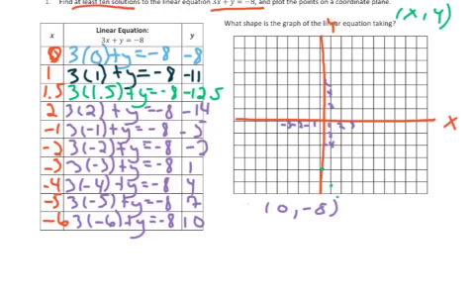2, negative 14 is way off my grid, so I'm not even going to plot that just because I ran out of room. On your test, though, and on our review, make sure that you draw your scale large enough so everything fits.